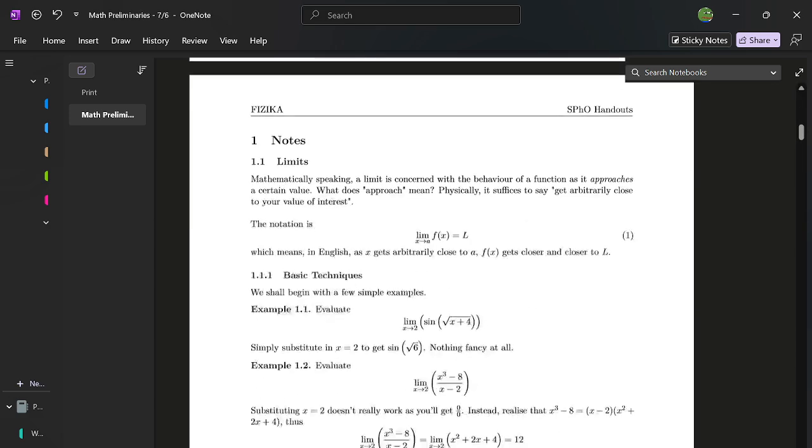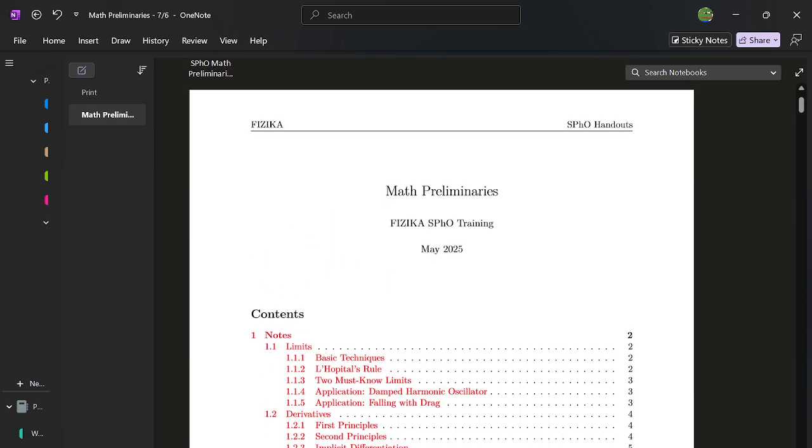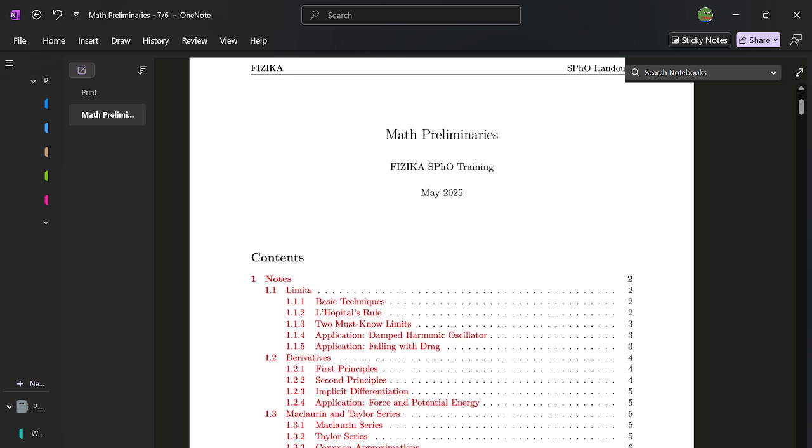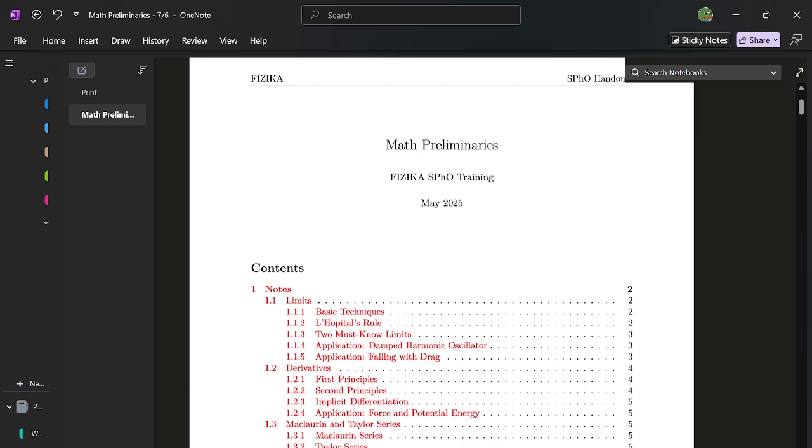For math preliminaries, it's basically a collection of all the math that you need to know at the SPhO level, so it isn't very in detail. I think a bulk of it is similar to what you have seen in your A level H2 math, but there's probably some new stuff you might not have seen before. This is going to be quite important for doing physics in general as well.